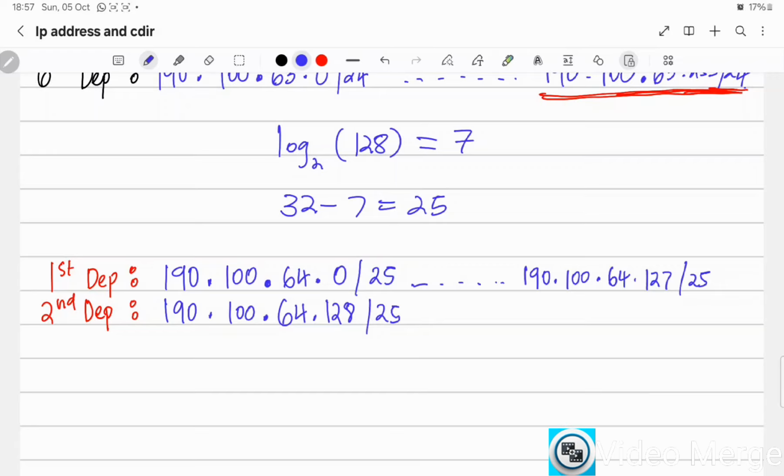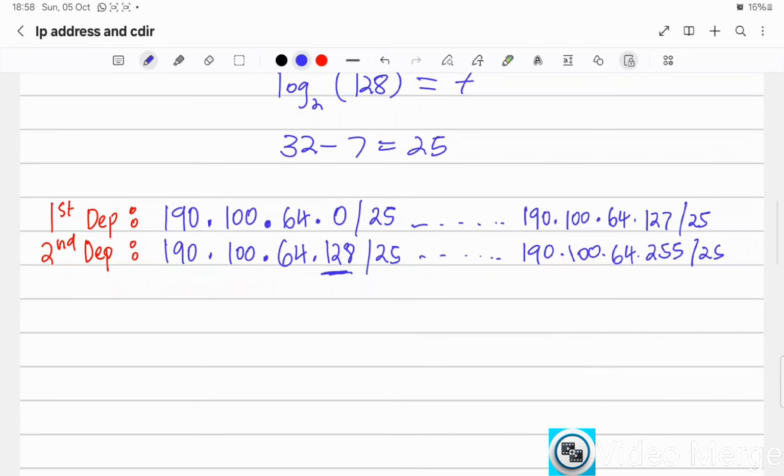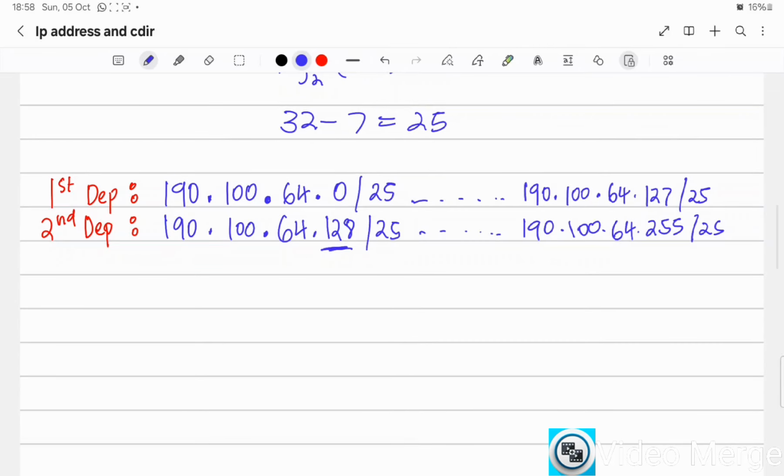And then if you increment this value by 128, we are actually going to have 190.100.64.255. If you count from 128 to 255, that's actually 128 addresses being used. Okay, here we are actually done with department number 2, the second department.